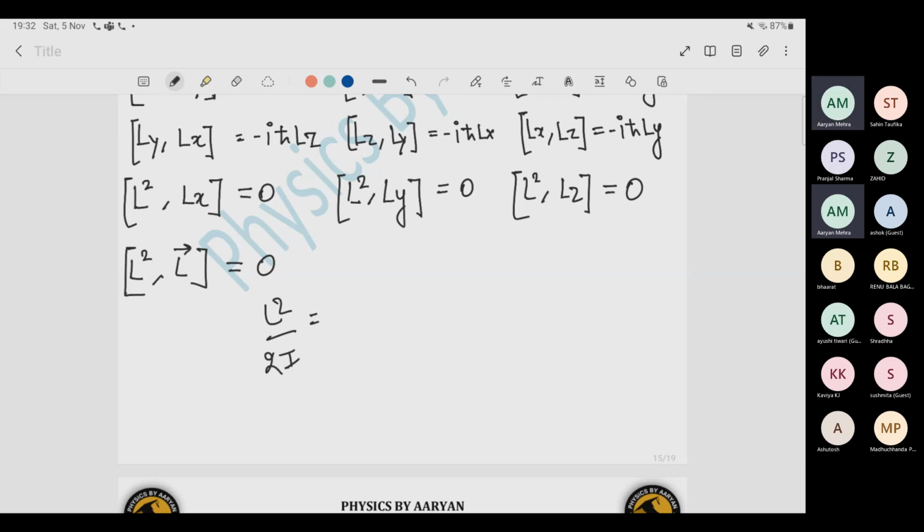But if you now try to measure the angular momentum along the x-axis and y-axis also, it changes; it disturbs the system. So you can't do that. You can do L square and Lx at the same time, or L square and Ly at the same time. But if you try to do L square, Lx and Ly all three at the same time, it's a problem. Why? Because Lx and Ly are not compatible.